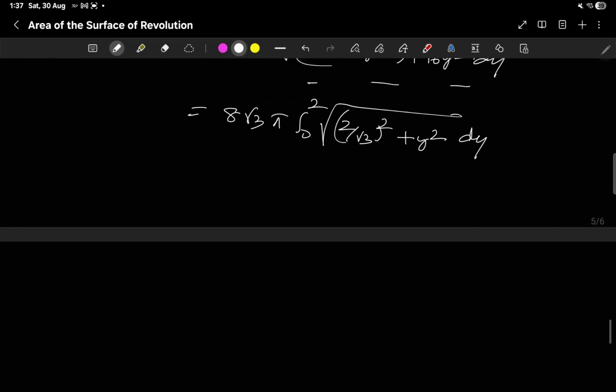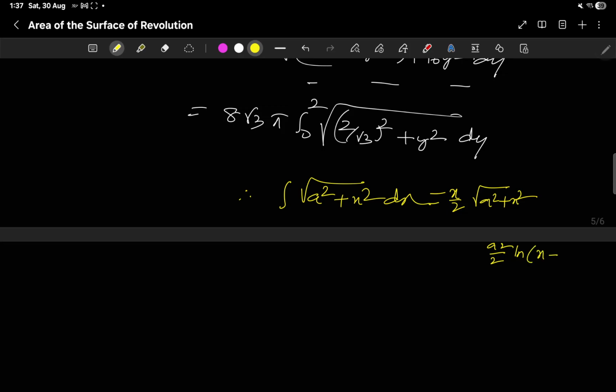It is integration of square root of a square plus x square dx. So it is x by 2 root of a square plus x square plus a square by 2 log of x plus root of a square plus x square.